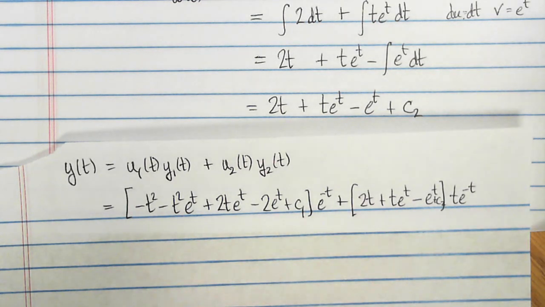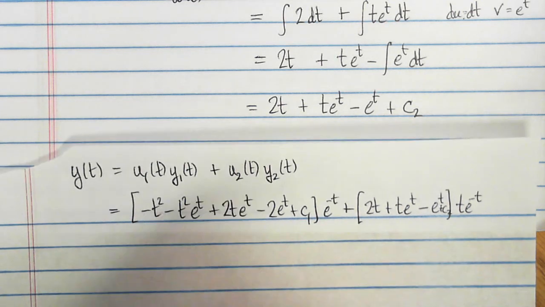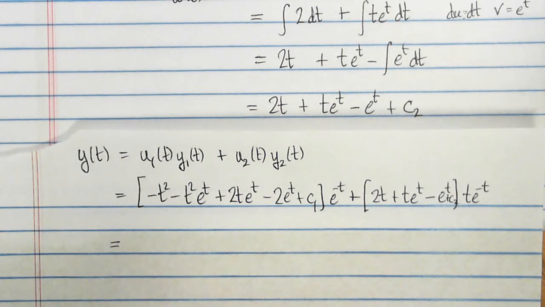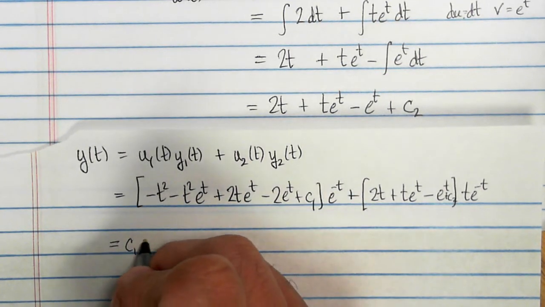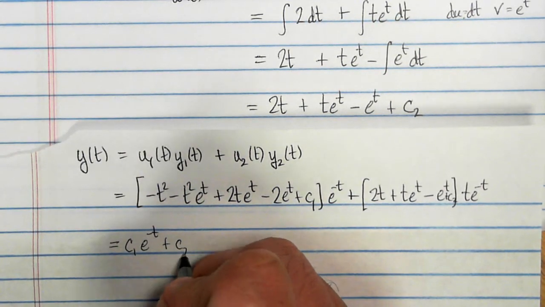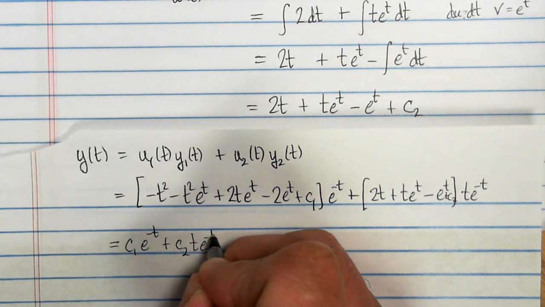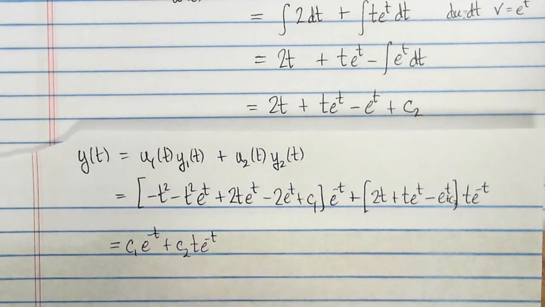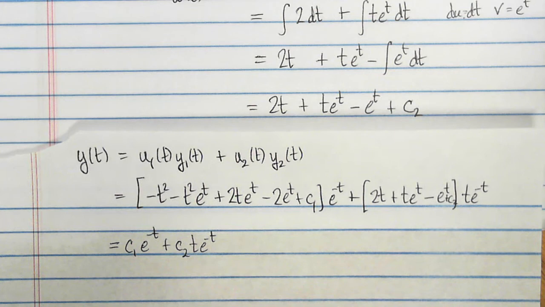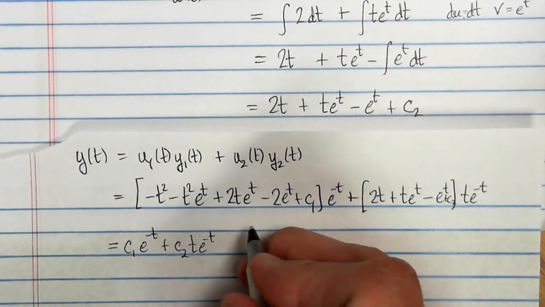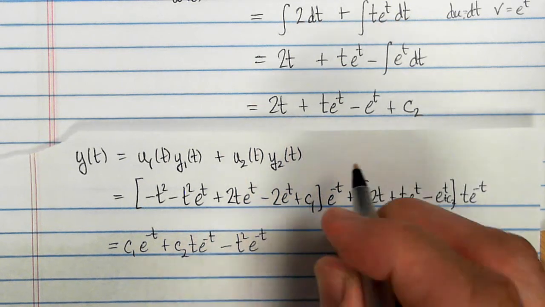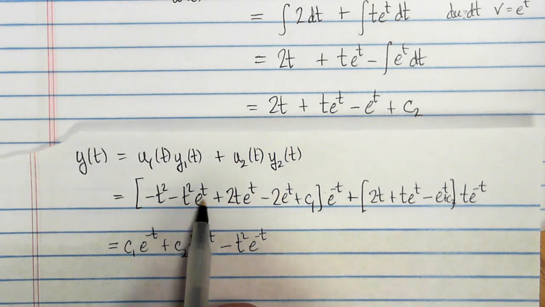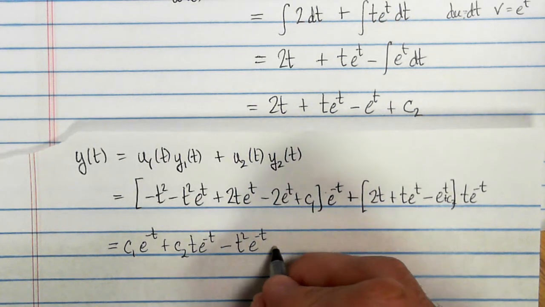And so we have a fairly large, hideous mess to simplify. Equals. Okay, first the constant c1 e to the minus t plus c2 t e to the minus t. So that's out separate. Okay, so let's start multiplying. We get minus t squared e to the minus t. That's this part. Multiplying these two together, I get minus t squared.